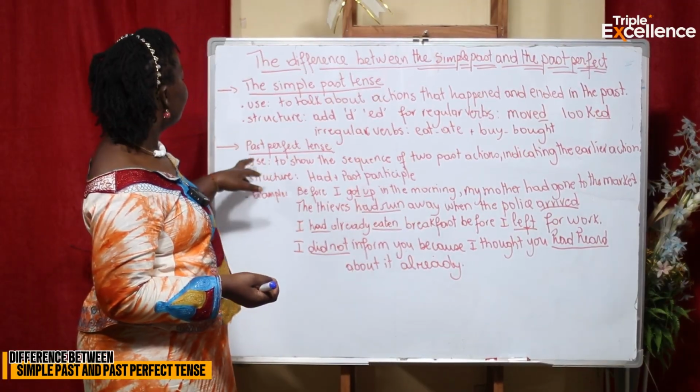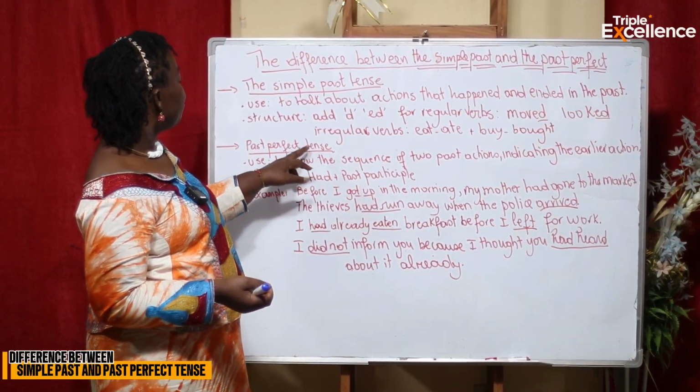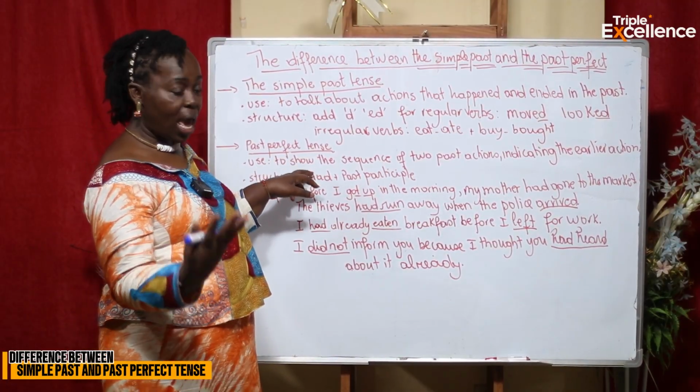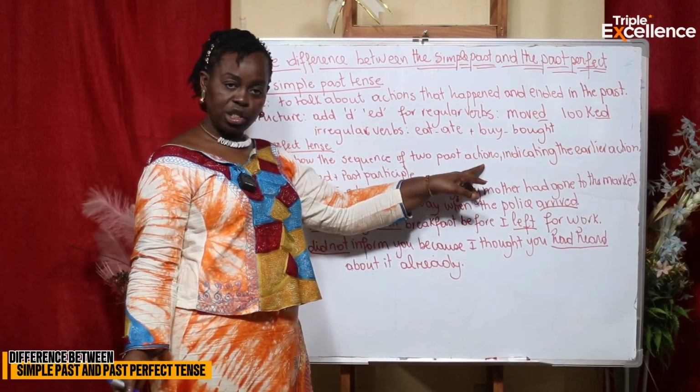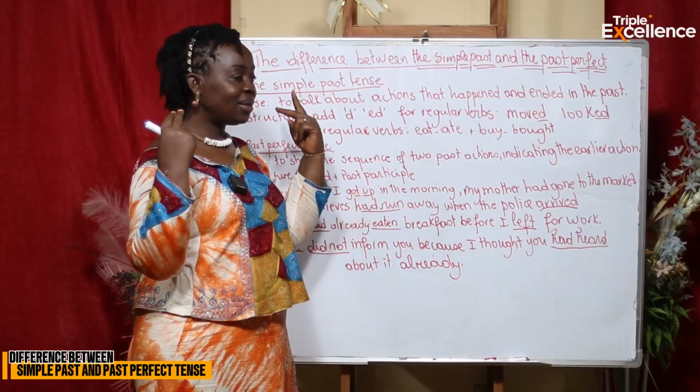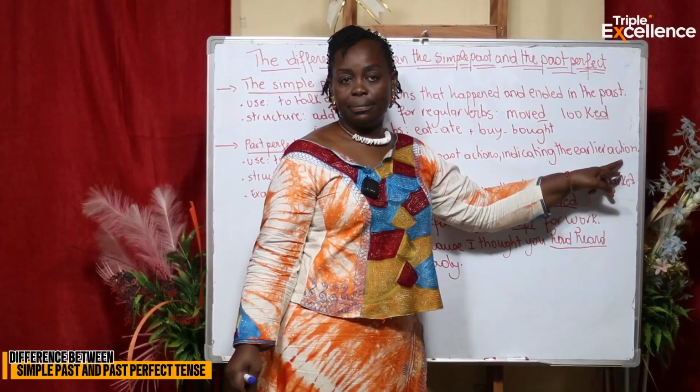Let us move to the past perfect tense. You use the past perfect tense to describe or to show the sequence of two past actions. Two past actions indicating the earlier action.